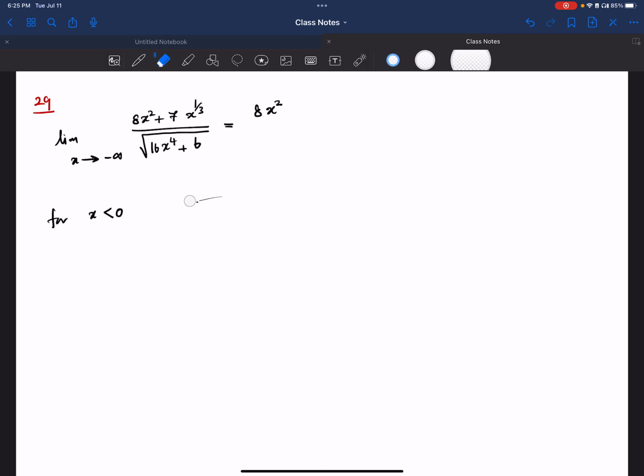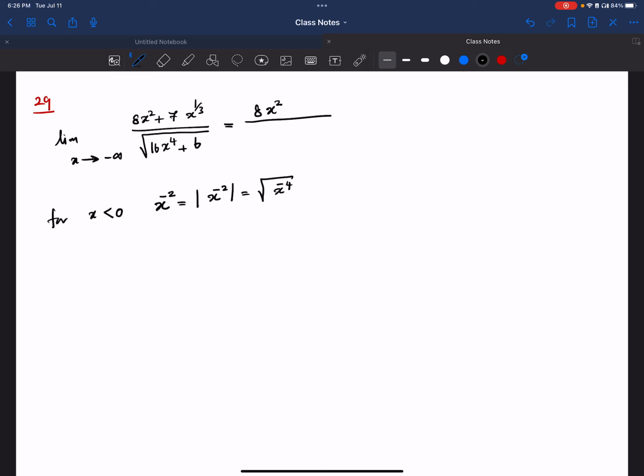That is equal to the square root of x to the power negative 4, right? So what we're doing here is dividing this by x to the power 4, or multiplying by x to the power negative 4.